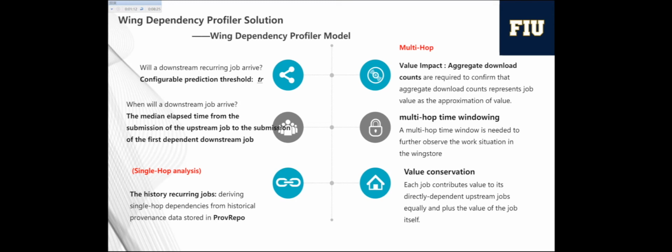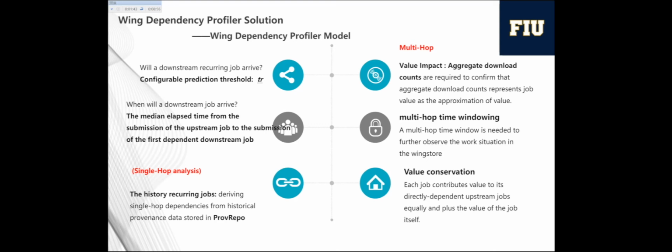So therefore, the number of downloads of the target file is selected as the most important value, and the time window is set to consider the inter-job dependency of the upstream and downstream jobs within a certain period of time.